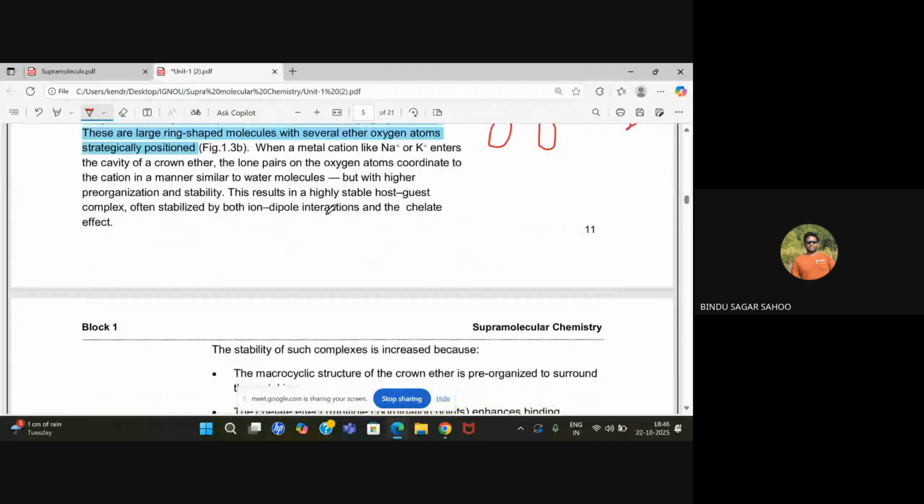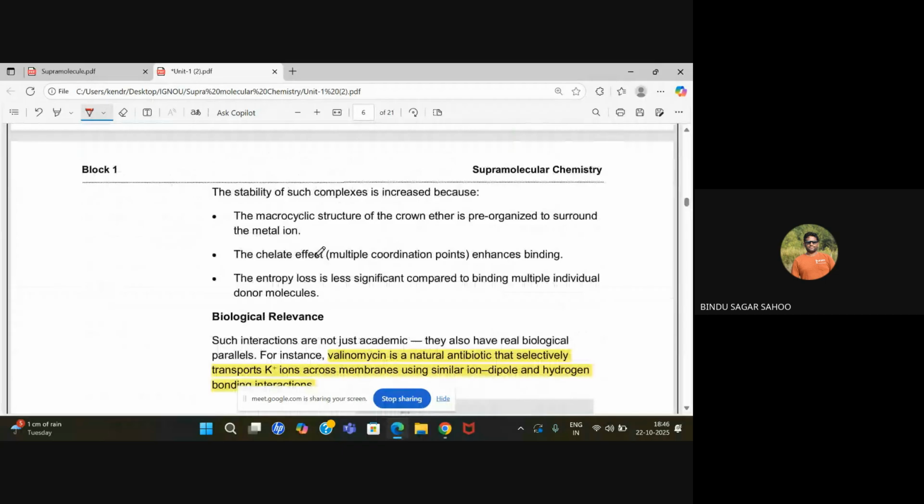So the stability of such host-guest interaction in ion dipole interaction molecules occurs due to the following reasons. In the third case, you can see the entropy loss is less significant due to the presence of the chelate effect. And again, in the macrocyclic structure, the crown ether complex makes better non-covalent interactions.